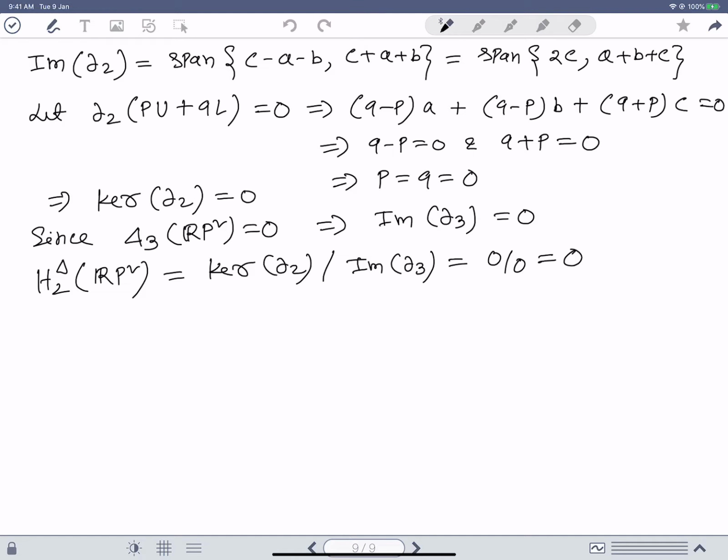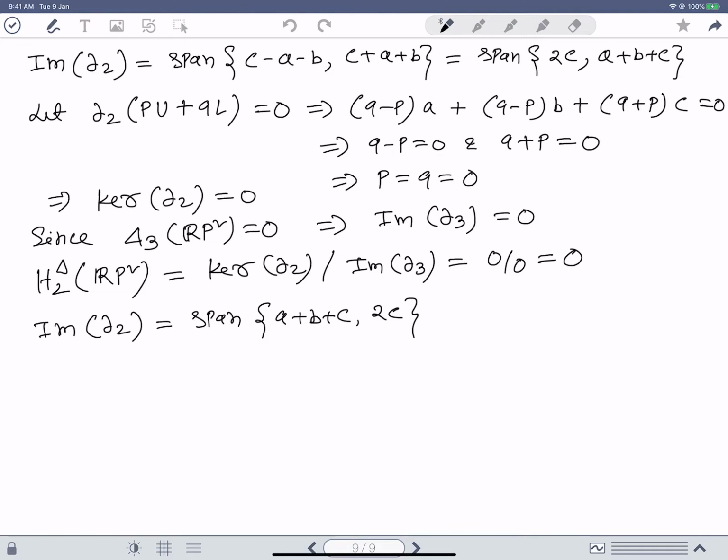So therefore the second homology group of RP2 equal to 0. But we already know that image of ∂2 equal to span of a plus b plus c comma 2c.